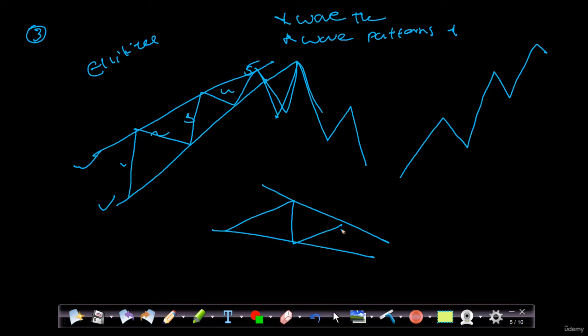If we see this type of pattern, there is a high chance that after seeing first, second, third, fourth and fifth, the market will start reversing from here. This is the falling wedge pattern, and whenever you see this type of pattern, you already know where to enter and where to put the stop loss, because we already covered all this in detail in the price action section.